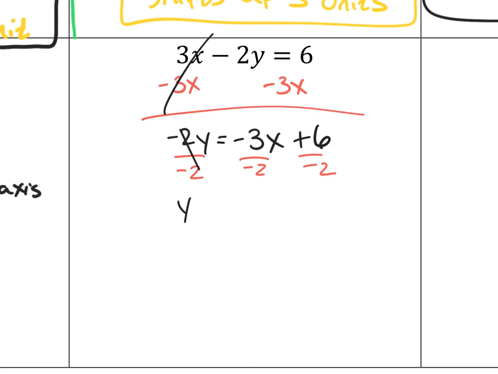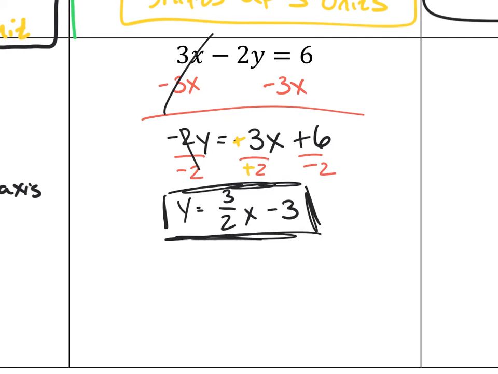That leaves you with y is equal to, 2 negatives make a positive, 3/2x, and then 6 divided by -2 is -3. Now, at this point, this is what you have to use to talk about the transformation.